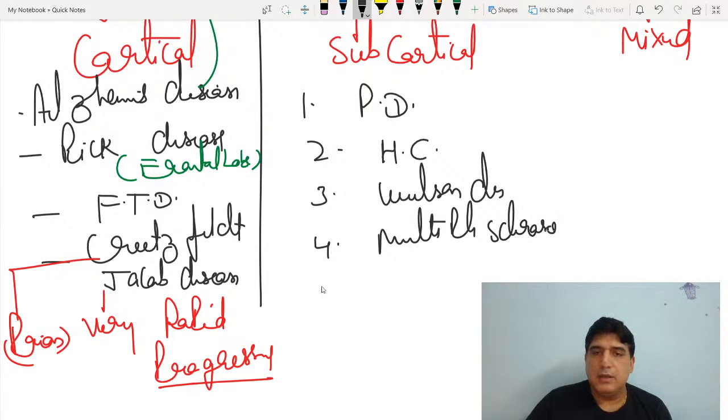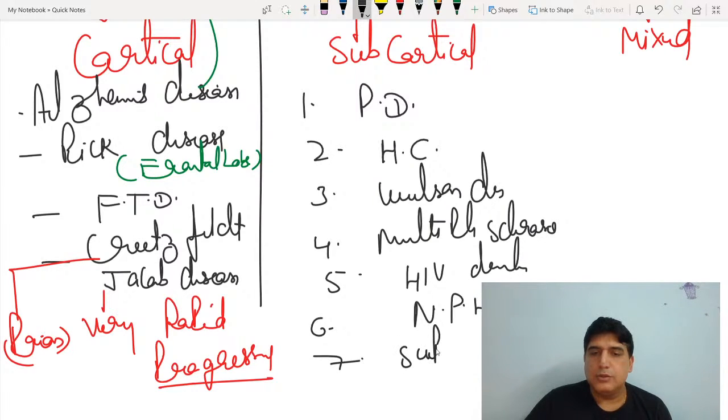Please remember, HIV dementia is an example of subcortical dementia, normal pressure hydrocephalus, and supranuclear palsy. So Parkinson, Huntington's, Wilson, multiple sclerosis, HIV, NPH, supranuclear palsy. These are the examples of subcortical dementia.